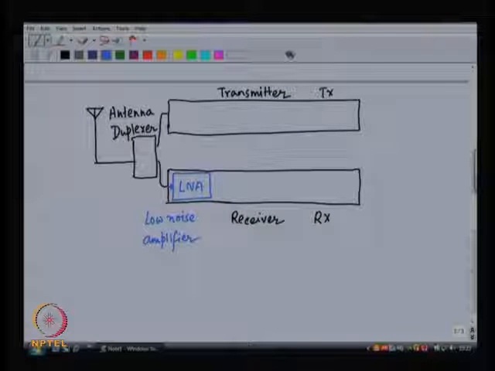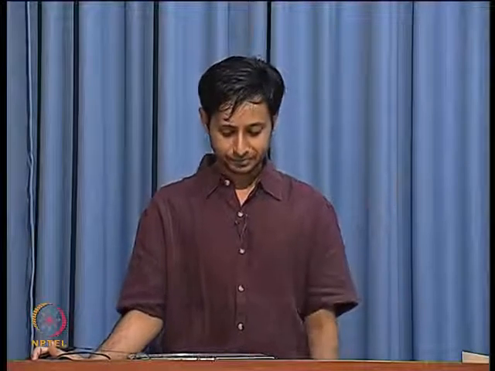It has got to be an amplifier. You are receiving a tiny signal from the atmosphere, and this tiny signal has to be amplified so that you can make sense of what was spoken on the other side.